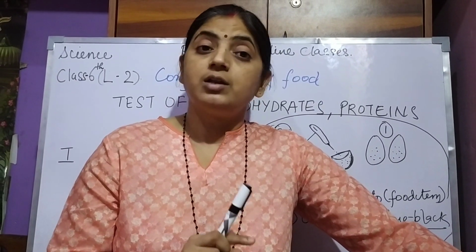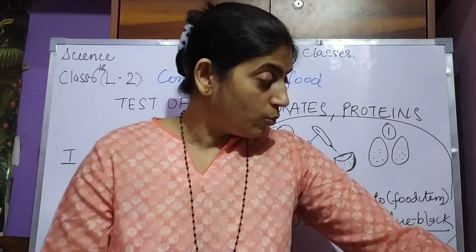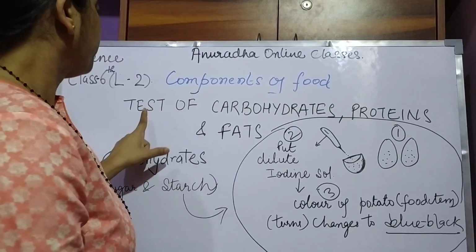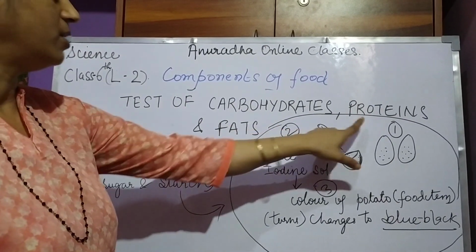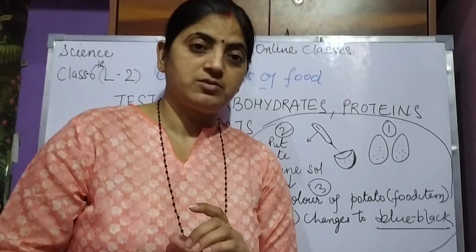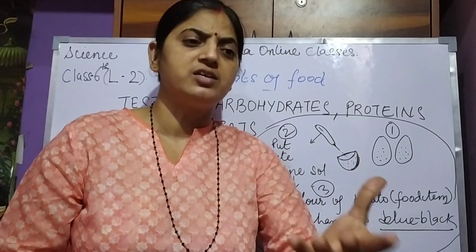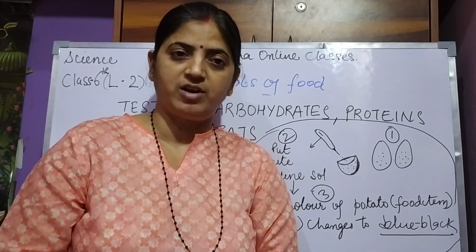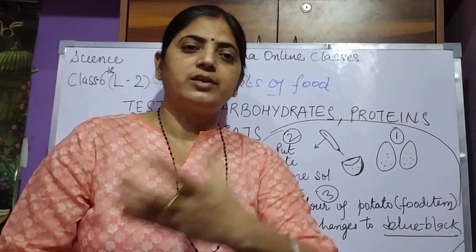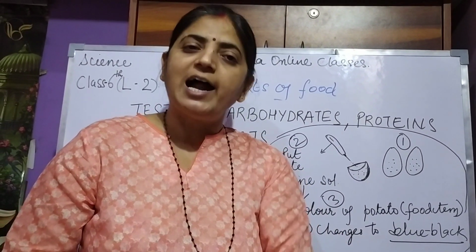But one more important point is there, that is the test of carbohydrate, protein and fats in the food items. How will we come to know that this food contains carbohydrates, this food contains proteins, and this food contains fats?